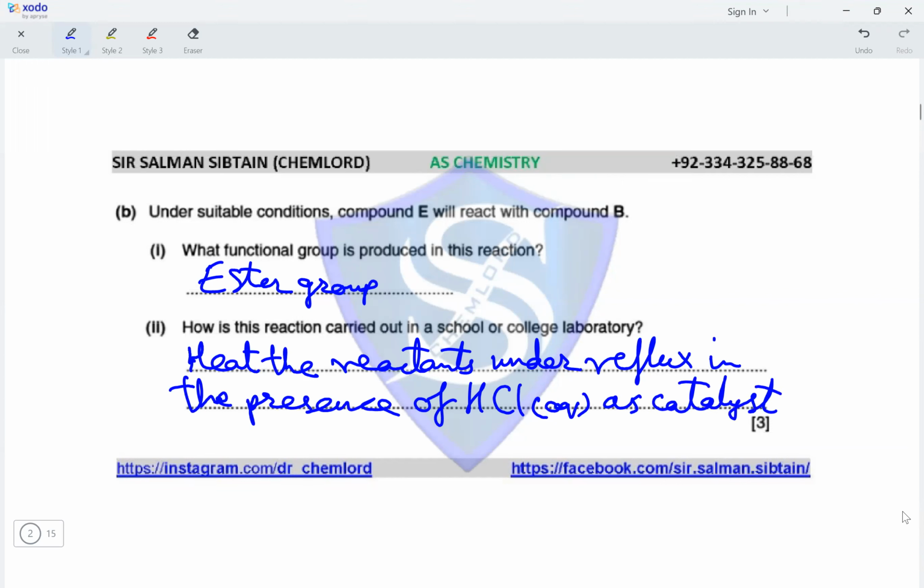So heat under reflux with an acid. This will produce the ester, or we can actually use sulfuric acid, which would be a better acid to use here. So presence of HCl as a catalyst or presence of H2SO4 aqueous as a catalyst. So this will result in the formation of an ester when a carboxylic acid reacts with an alcohol.